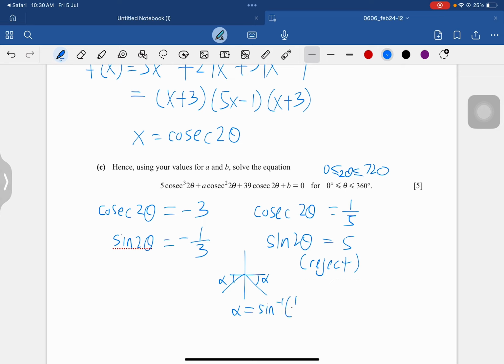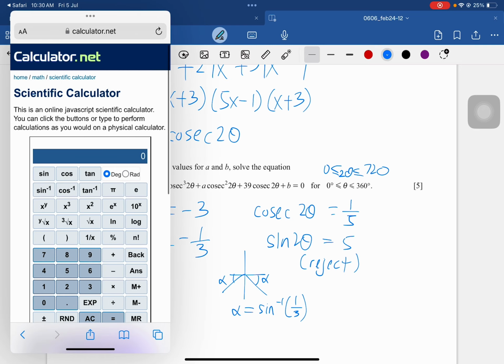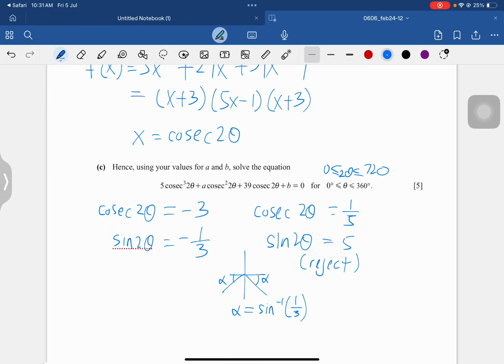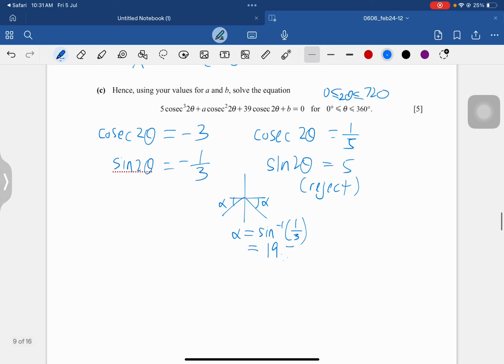Shift sine 1 over 3, which is 19.5. So back to the 2 theta here.